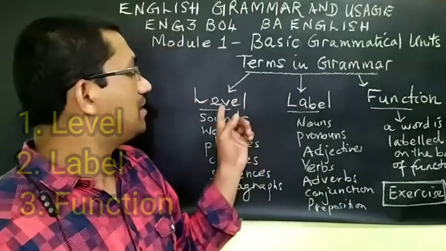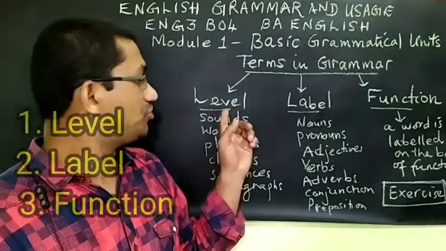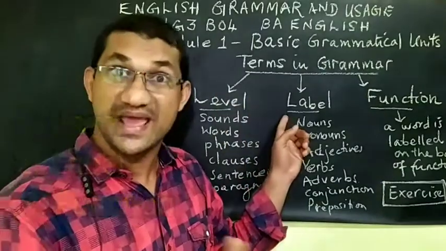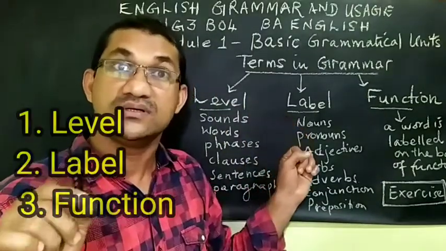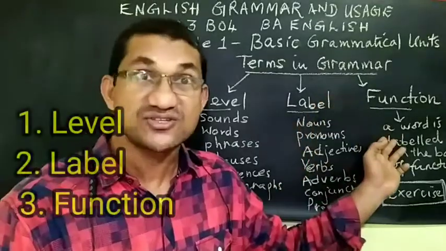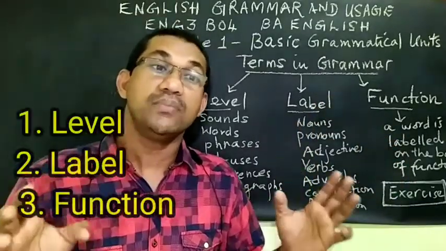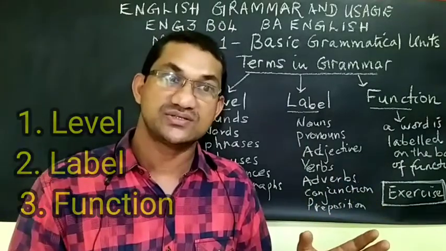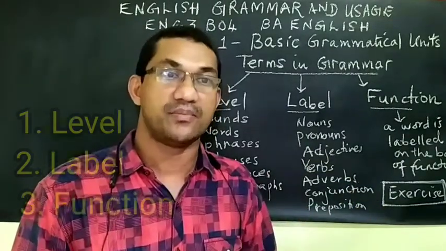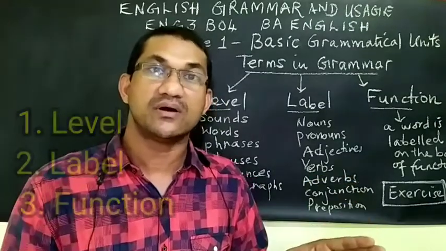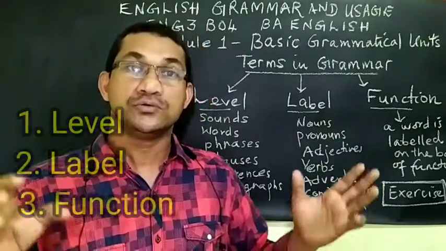The first category is level, the second category is label, and the third category is function. So we have a number of grammatical units and terms in grammar, and all of them are divided into three.